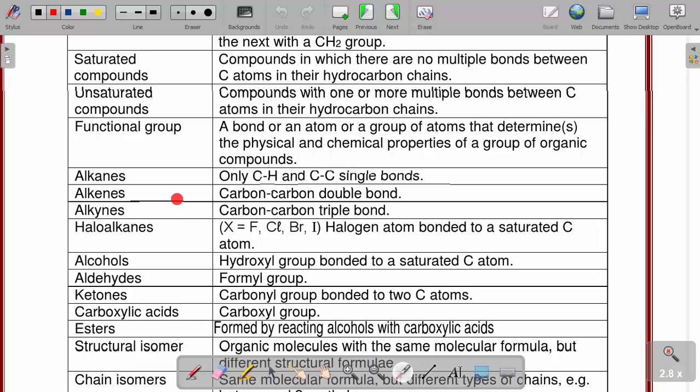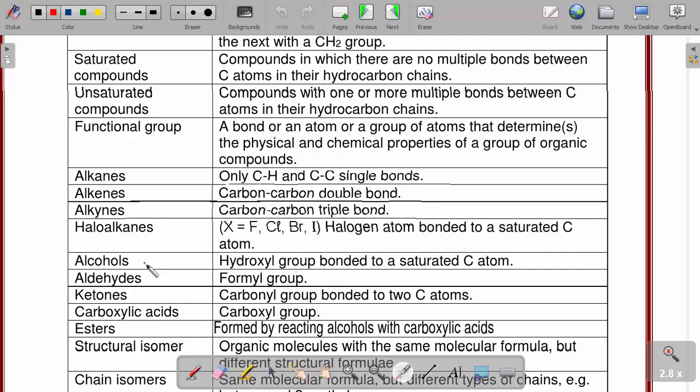Then alkenes, that is carbon to carbon double bond. For them, they contain a double bond. And then the alkynes, they contain carbon to carbon triple bond. Okay, and then the alkyl halides, they contain a halogen atom bonded to a saturated carbon atom. So this halogen could be fluorine, chlorine, bromine, or iodine.